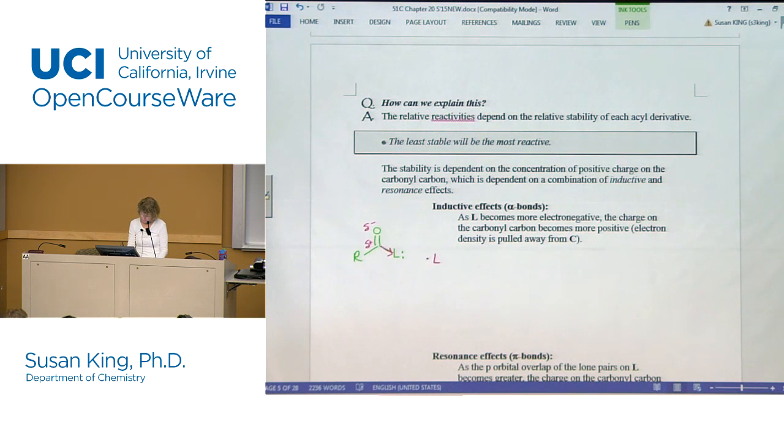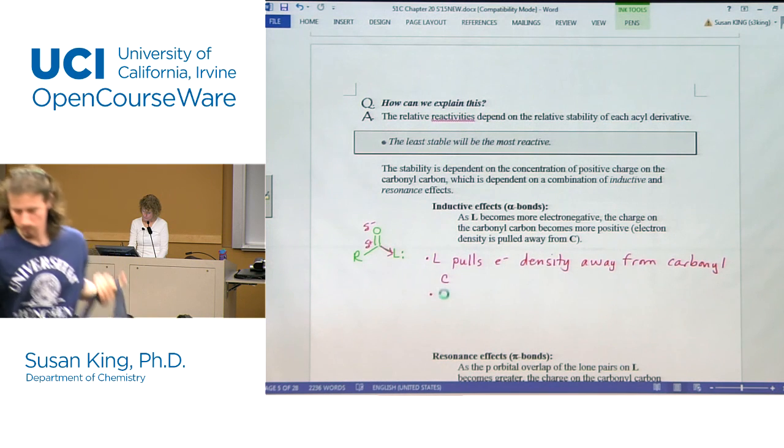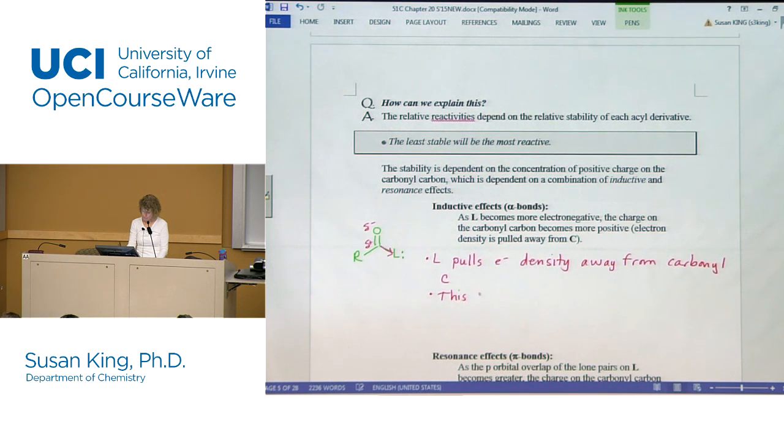So L pulls electron density away from the carbonyl carbon. This makes carbon more positive, and therefore less stable.